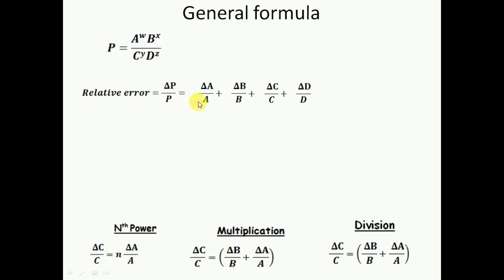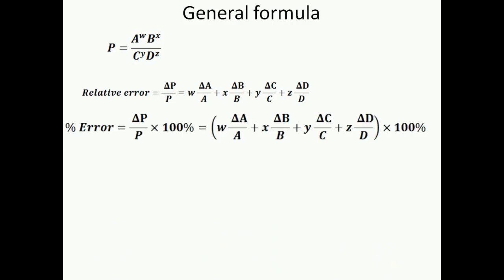So we just need to multiply this delta A by A, delta B by B, delta C by C, and delta D by D with the powers W, X, Y, and Z. So this is the relative error. Now I have to find the percentage error, and we know percentage error is relative error into 100%.